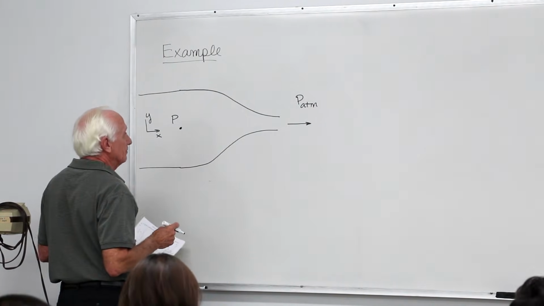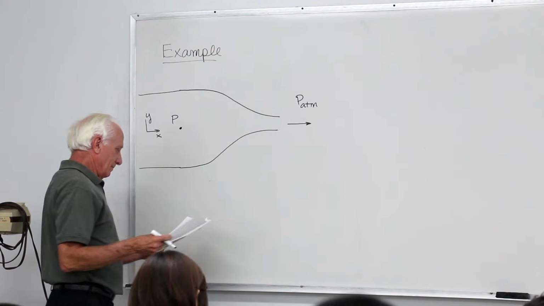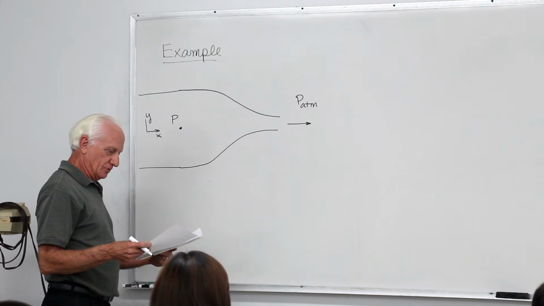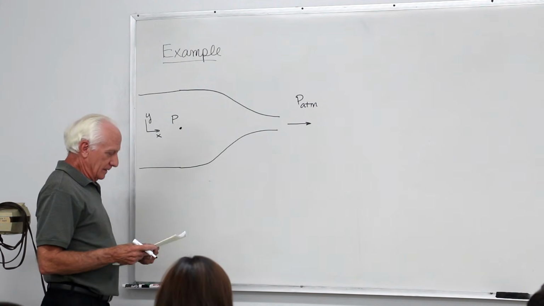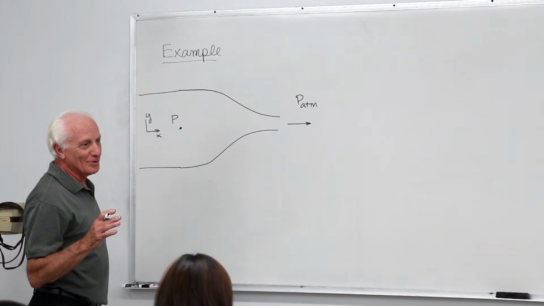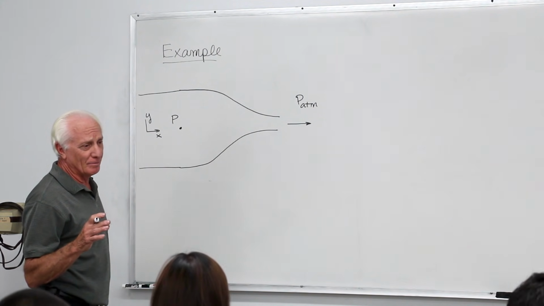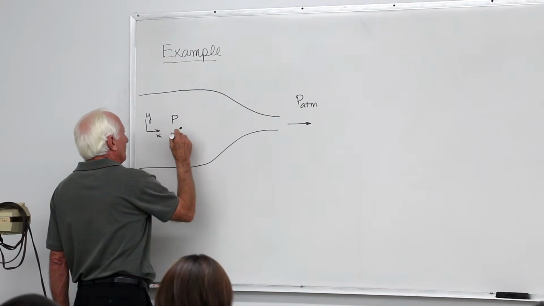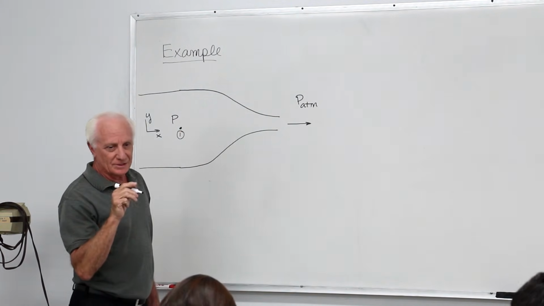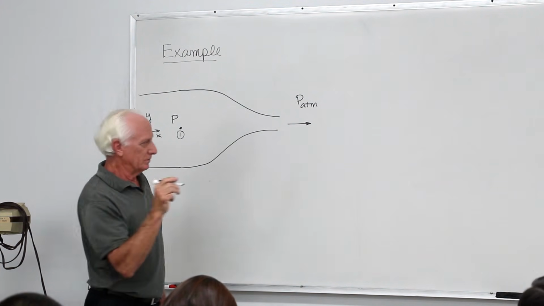I'm just going to write down the equations that we're going to use for this. Normally, we want to put a location on it. Where's point 1 and point 2? Point 1, and point 2 just outside the nozzle.